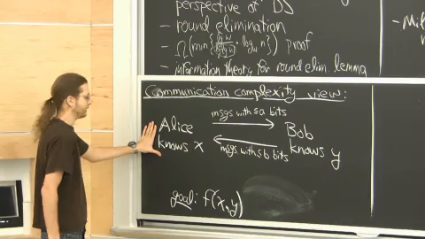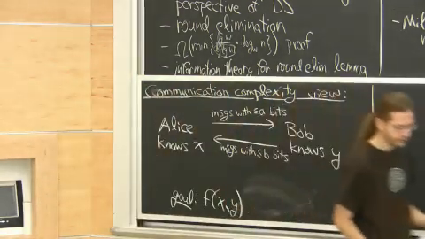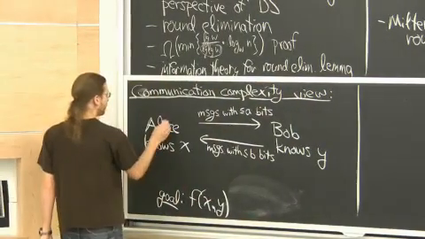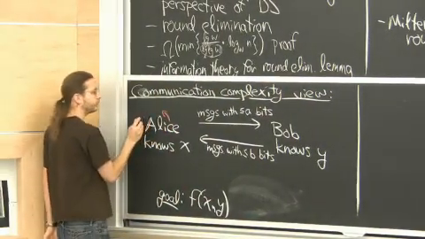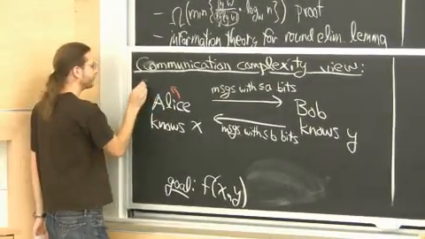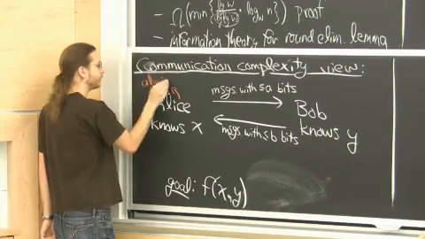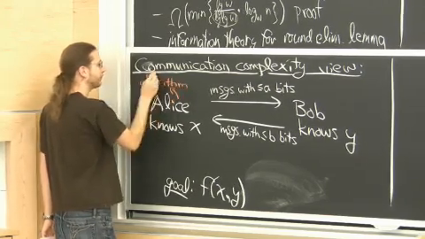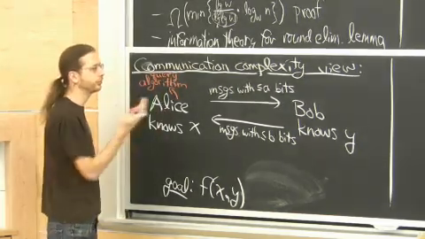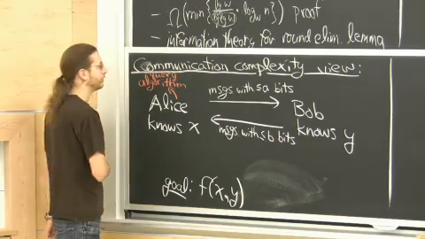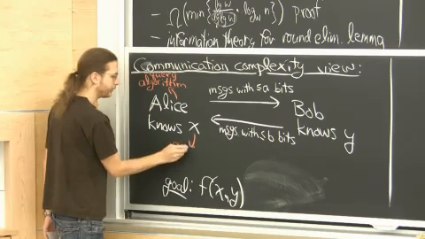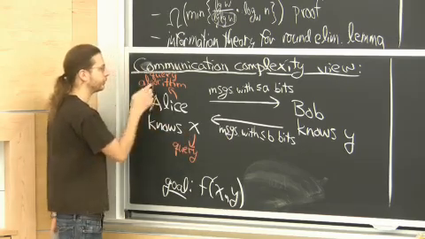I want to cast that cell probe picture in terms of this picture. Alice is the query algorithm, the poor soul who has to compute the color of a predecessor. And what's x? x is the query, the input to the predecessor.